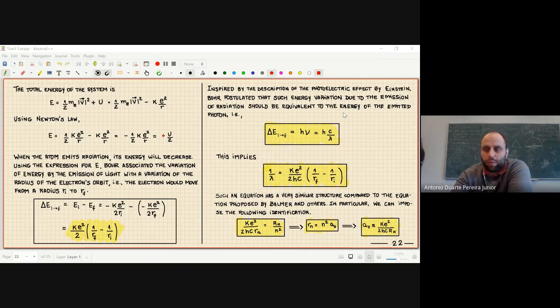So what Bohr proposed was the following. The electron will emit radiation, and we learned from the photoelectric effect that radiation is composed of photons that carry energy equivalent to h nu. This was essentially what we discussed through this week.